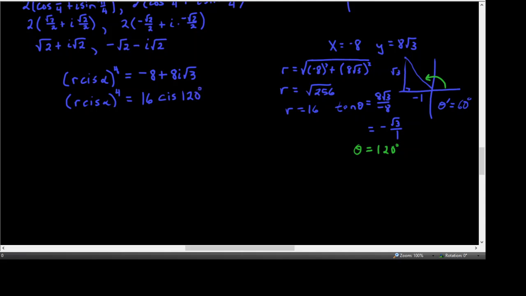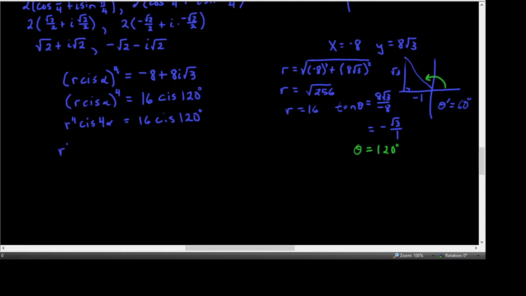All right. So using De Moivre's theorem on the left side, that will become r to the fourth cis 4 alpha, which is equal to 16 cis 120 degrees.